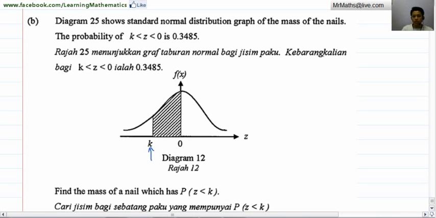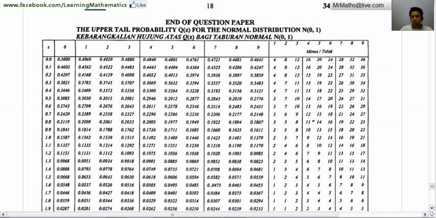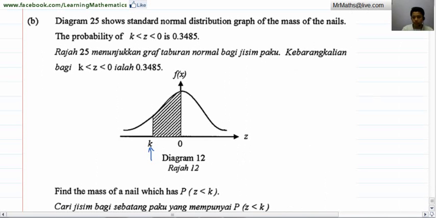If you want to look at the table just now, what was the name of the table again? I keep forgetting. The upper tail probability Q(z). And then we need to find an equivalent for something like this.